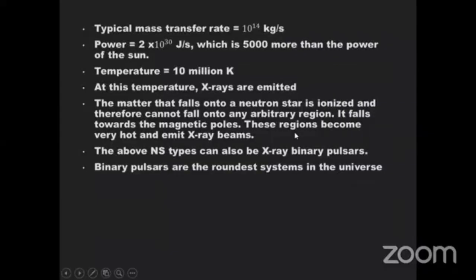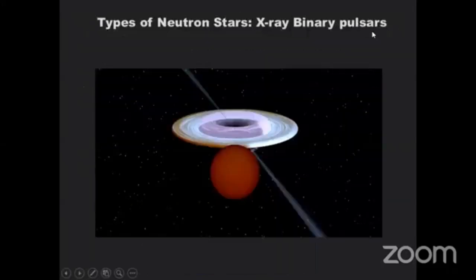So I'm trying to explain the radiation from the poles, where it is coming from. The temperature that is generated when this matter is falling in is about 10 million Kelvin. And that temperature is in the X-ray. So that is why they emit X-ray. That is the reason for the X-ray binary pulsars.